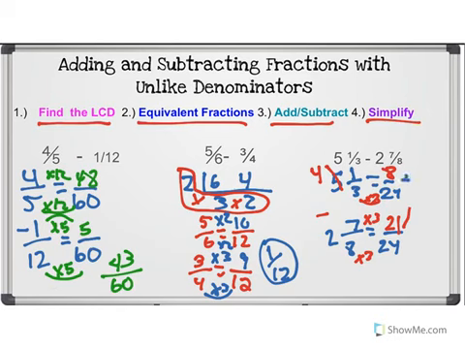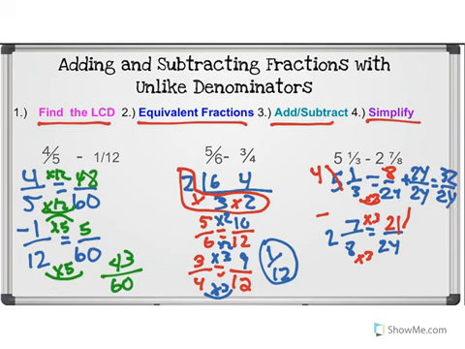Since my denominator in this case is 24, I'm just going to write 24 over 24 because that equals one whole. And now I can just add 24 plus 8 to make my numerator bigger. 24 plus 8 is 32. So now I have 32 24ths.